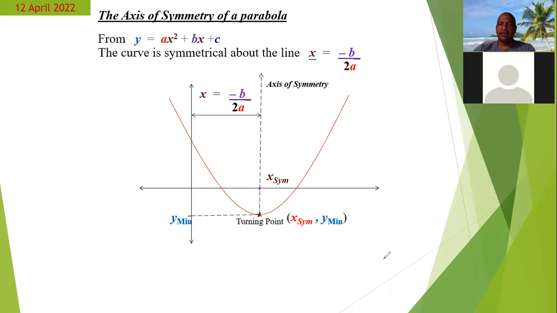All you have to do is, once you calculate the x value at the axis of symmetry, you plug that value back into the y equation where the x is. So put in that value for x, and then calculate the entire equation to get the value for y min. And that will give you the minimum value.